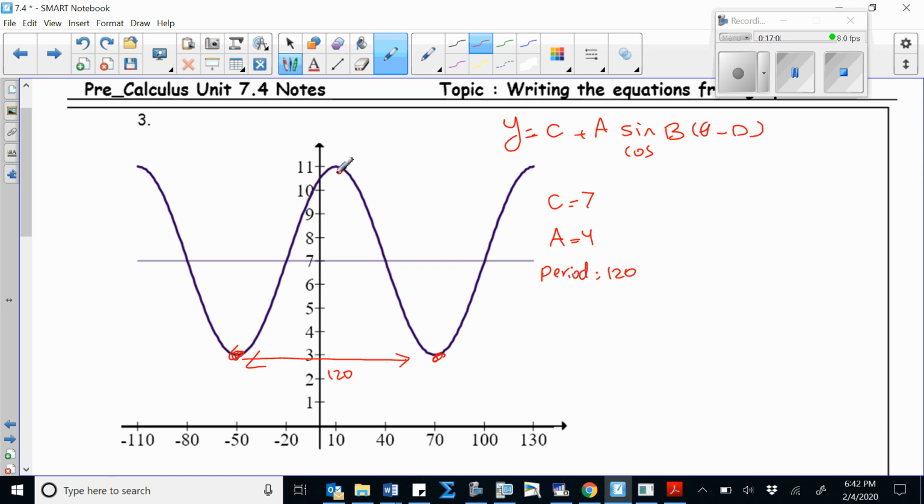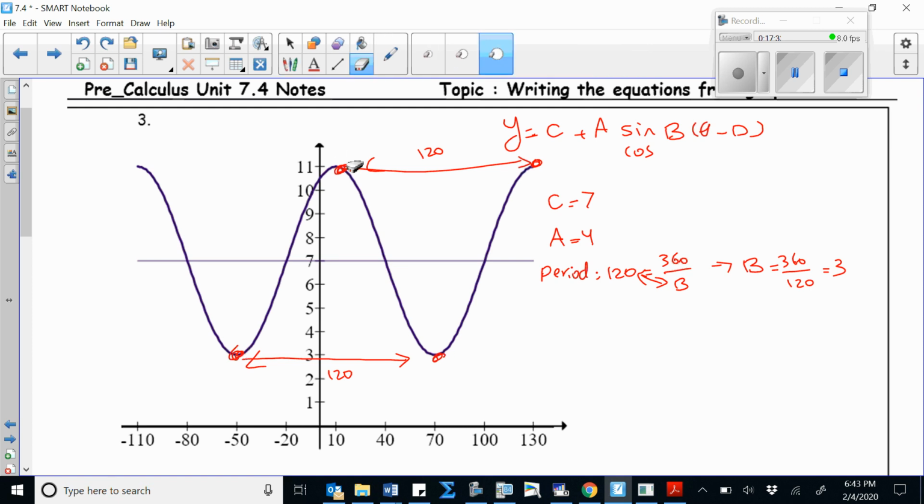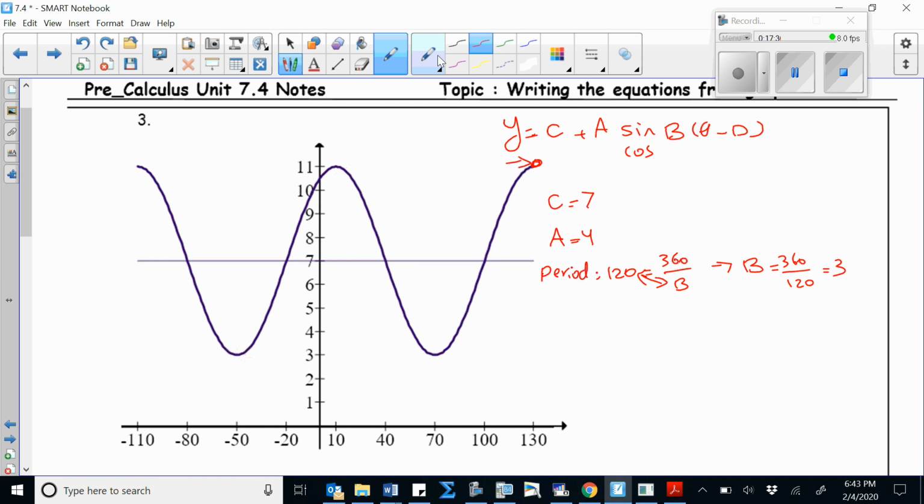Or even if you want to consider two consecutive high points, from 10 to 130, it's still 120. This is 360 divided by B. So I do the cross multiply, and from here, B is equal to 360 divided by 120, which is 3. So we found the B value. Now we can start finding the D and writing the equation.